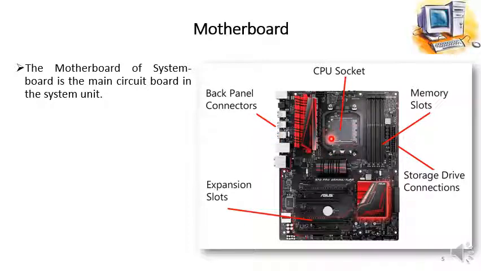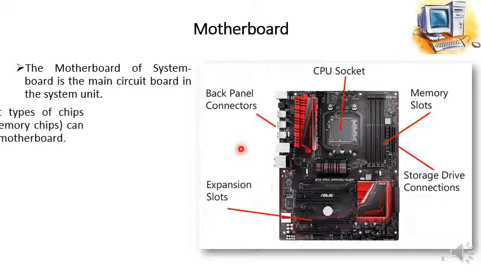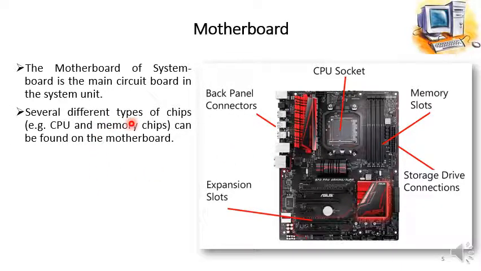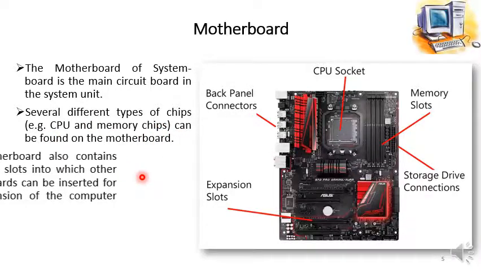And the main thing, that is CPU, there is a specific socket for the CPU or microprocessor chip in the motherboard, in which the microprocessor is attached or fixed. Several different types of chips, for example CPU and memory chips, can be found on the motherboard.